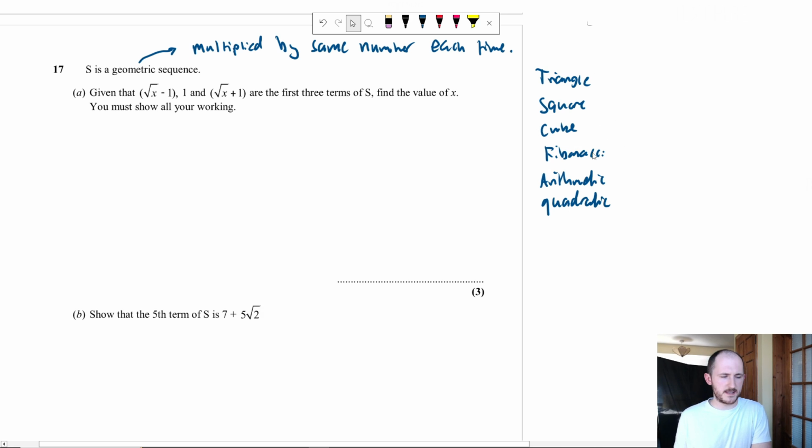I'm pretty sure that's it, unless anyone can remember any more. So yeah, triangle numbers, square numbers, cube numbers, Fibonacci, everything. To be honest, I think triangle numbers is one that a lot of people haven't seen.